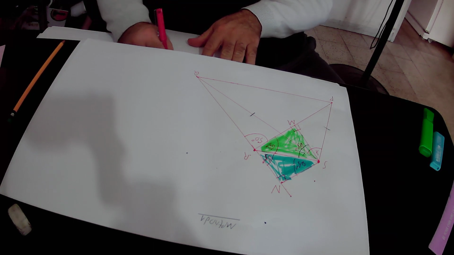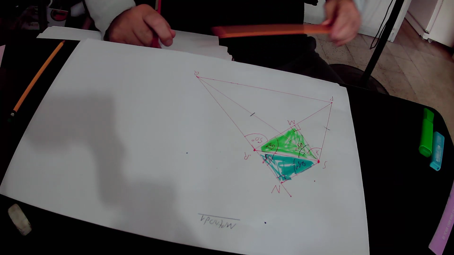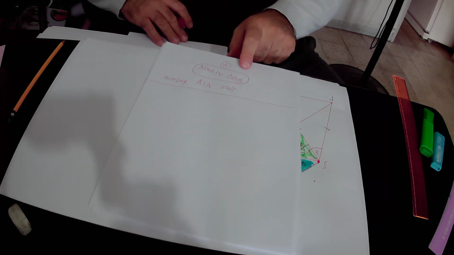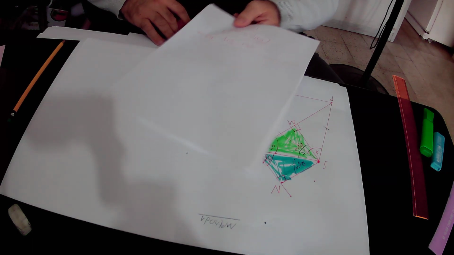Again, the green triangle is congruent to the blue triangle according to angle side angle rule. So what is angle side angle rule?